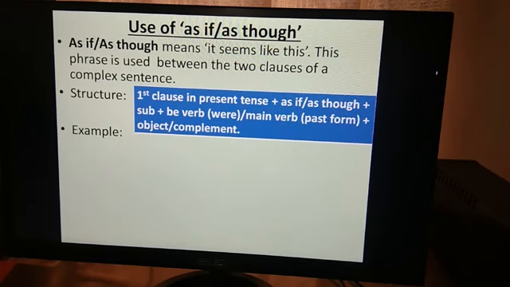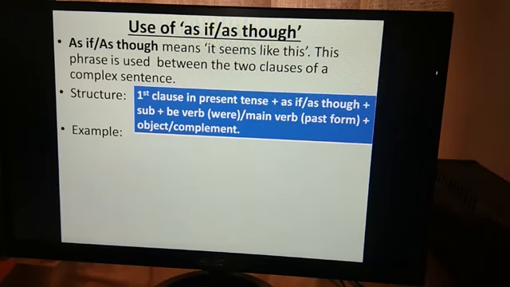So when we want to convey the message that it seems like this, it looks like this, then as if or as though is used between two clauses. In a complex sentence there must be two clauses.